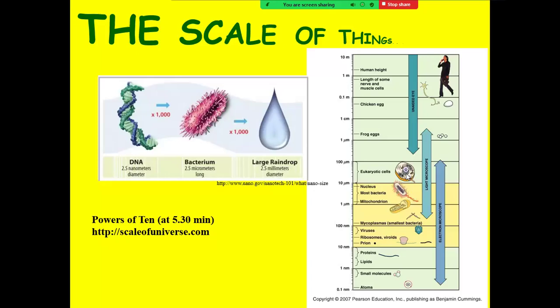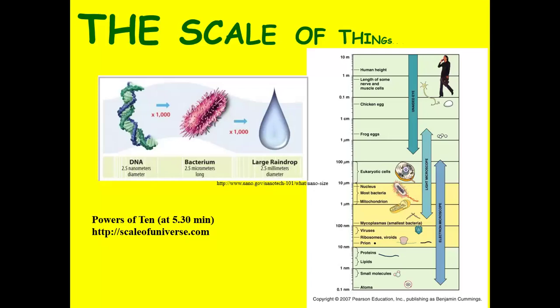And we have the eukaryote cell. 10 times smaller than that is the cell of a bacteria. And smaller than that, the smallest thing we have would be the mycoplasma, the smallest bacteria. That's about the smallest thing you can see with a light microscope.